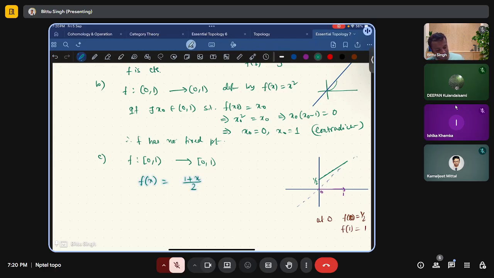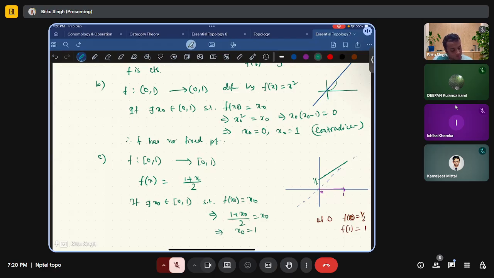So again this is a continuous function without a fixed point, right? If we try to solve, what will be the problem? If there exists some x0 belonging to [0, 1), such that f(x0) equal to x0, then we end up with a problem: 1 plus x0 by 2 equal to x0, so x0 equal to 1.